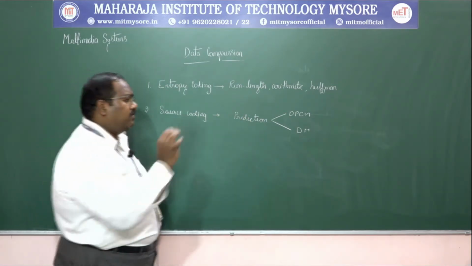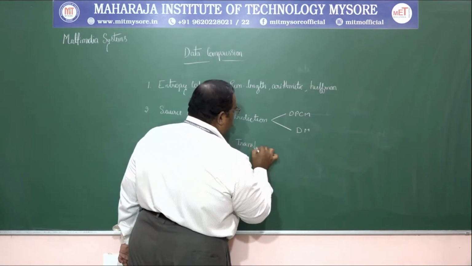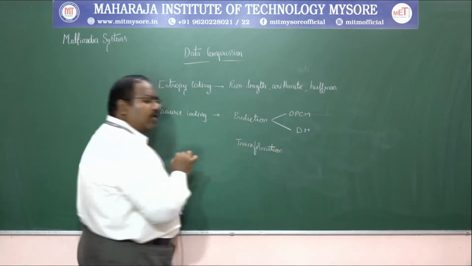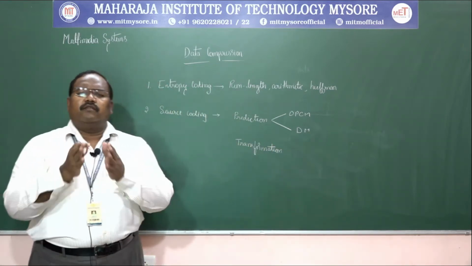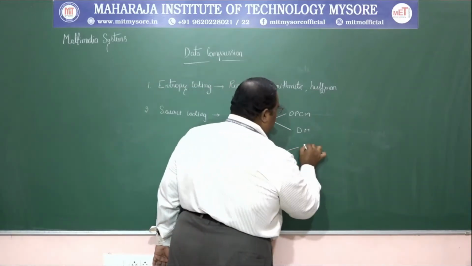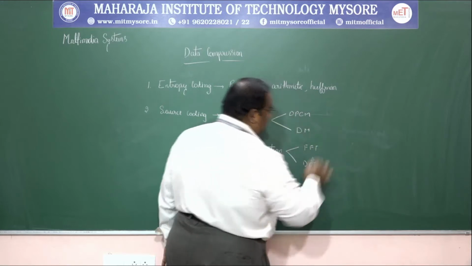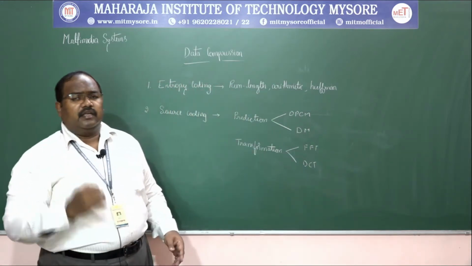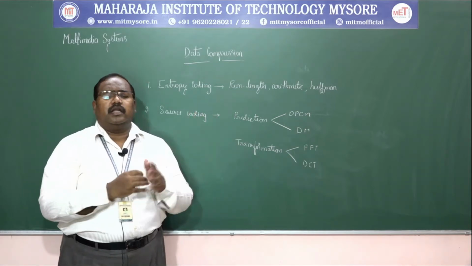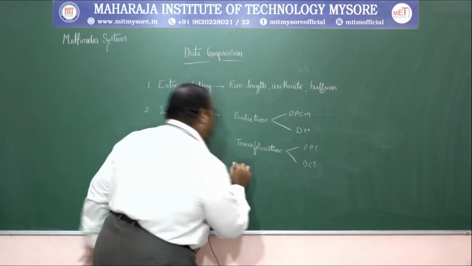Second one is the transformation technique. Even under transformation technique, we have different categories, that is FFT and the DCT. We have already discussed the DCT, that is the discrete cosine transformation. And also we have one more thing, that is called layered coding.